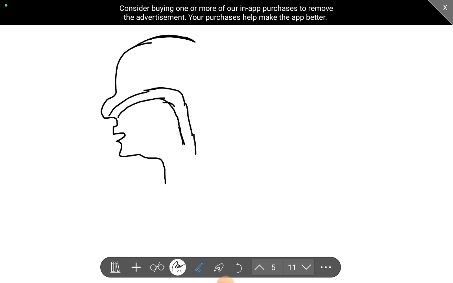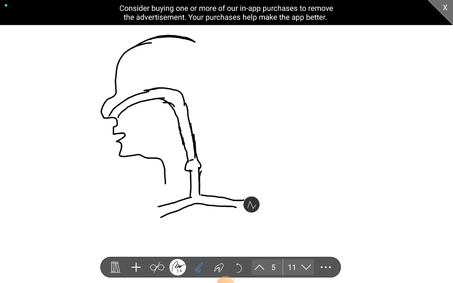From there, you have the glottis. From there, you have the larynx this way. From there, you have your trachea. From your trachea, you have the bronchi, the right and the left bronchi. From there, the bronchi further.